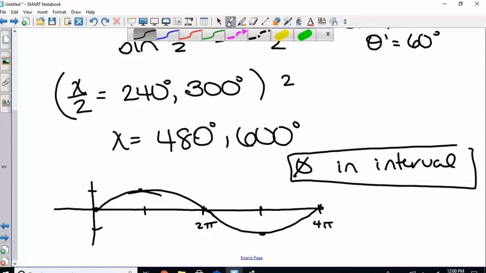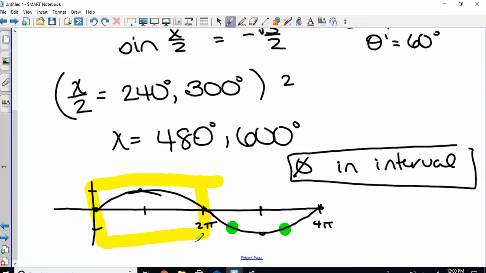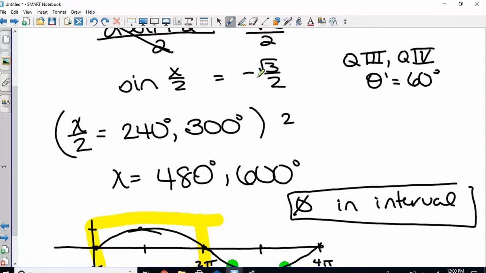I wanted to know when that hit negative radical 3 over 2, which was here. When I looked at the 0 to 2 pi portion of my graph, I only got the part of my sine that was positive. So just know, if this had been a positive radical 3 over 2, both of my answers would have been okay. So it just kind of depends on the problem. Does that make sense to everyone?